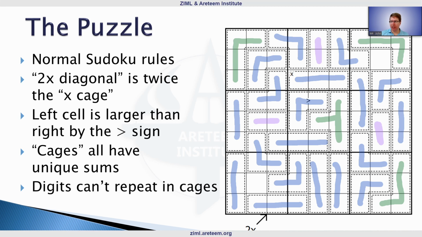For example, we could not do something like 1, 2, 1. That would be allowed by normal Sudoku rules, because the ones are in different rows and columns and in different 3x3 boxes, but it's not allowed because we're not able to repeat digits in cages for this puzzle.